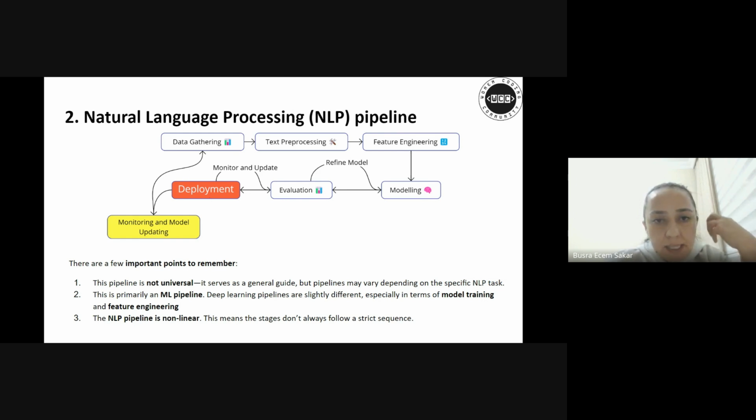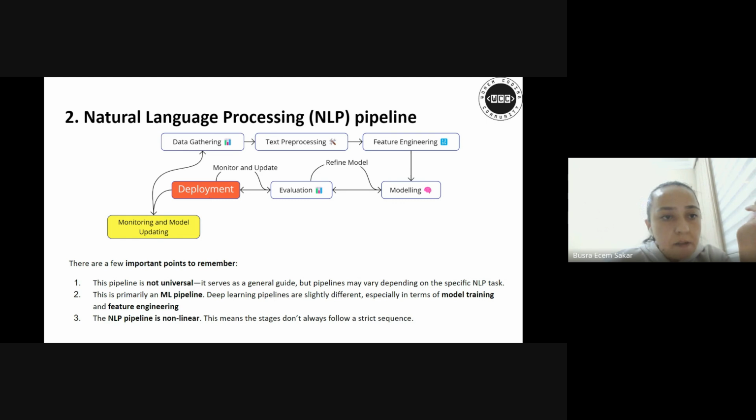Once we have the data, we move to text preprocessing. This involves cleaning and preparing the text for analysis. Typical tasks here include tokenization, stop word removal, stemming, or lemmatization. In this step, the goal is to transform raw data into a format that can be used by machine learning models.